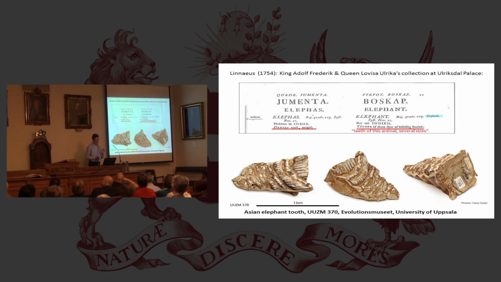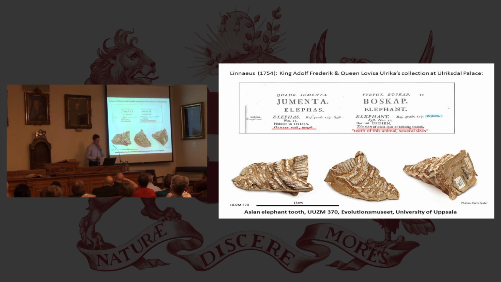What we're looking at here is an object that probably represents about 5% of a total original elephant molar. It was worn down in life, it's been cut up for whatever reason, but it is a fragment of an elephant molar, and Anthea has shown quite convincingly that this was a Linnaean specimen in the sense that it was present in Sweden while he was working and that he saw it.